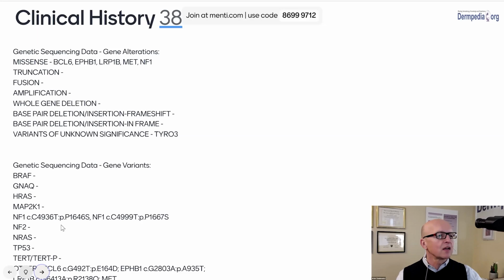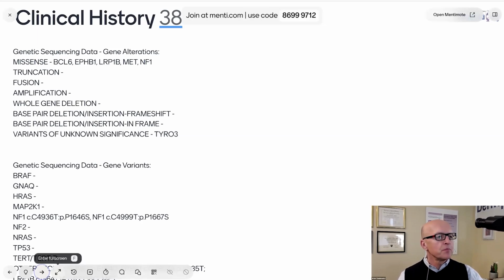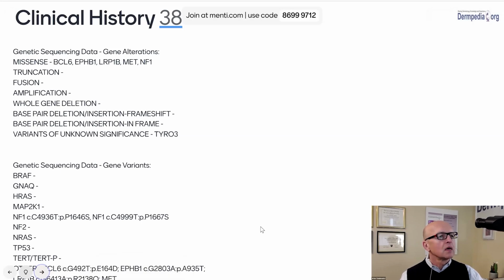These were not truncating mutations, and a bunch of other genes were also mutated. Some of them we can see in melanomas, but none of them are driver-type changes. The TERT promoter is negative in this case.